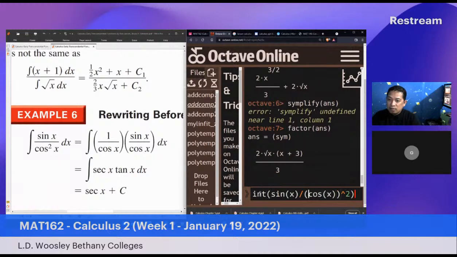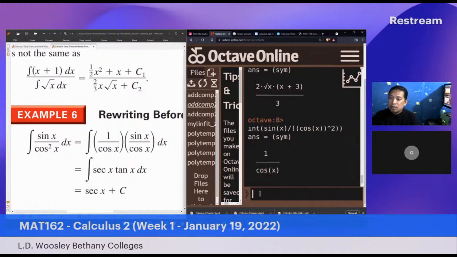So, dapat pala tatlo. Tapos, meron pa dun. Ayan. So, I think, okay. And what is 1 over cosine, Gillian? Secant, di ba?